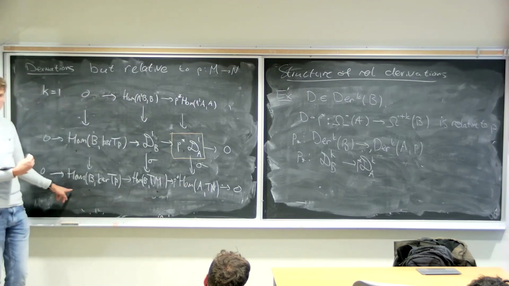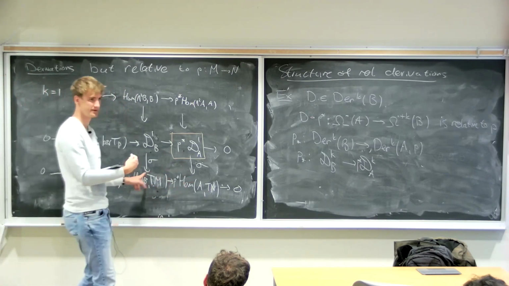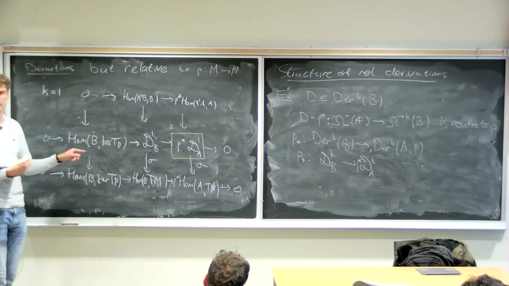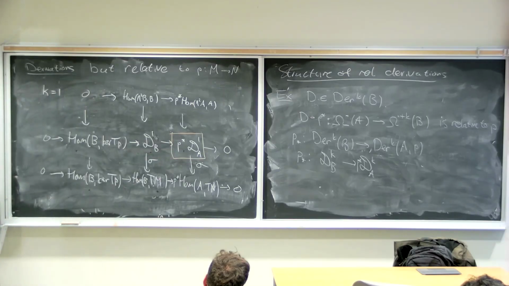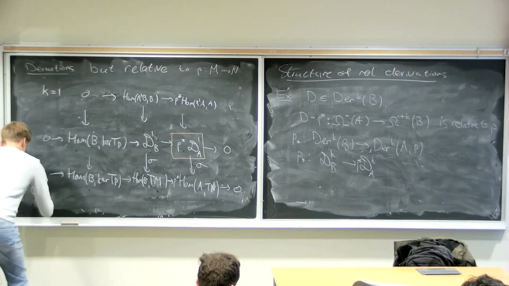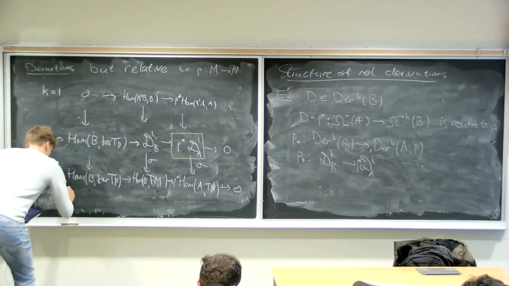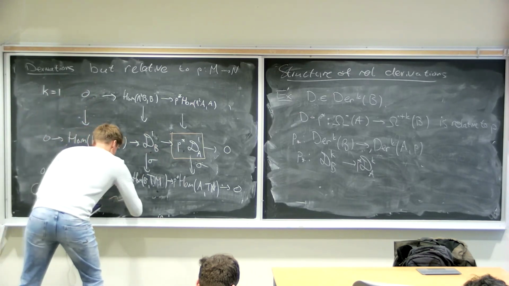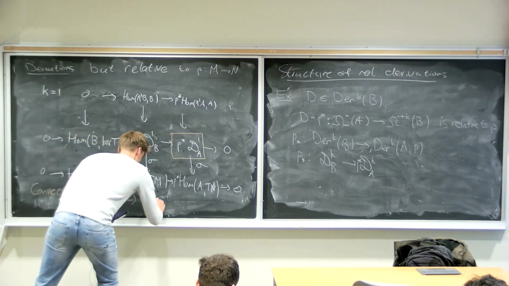So any connection induces a splitting of the bottom row, and with that also induces a splitting of the top of the middle row. So yeah, what is a connection on P? P induces splitting of rows.